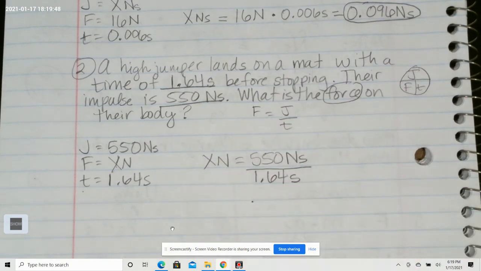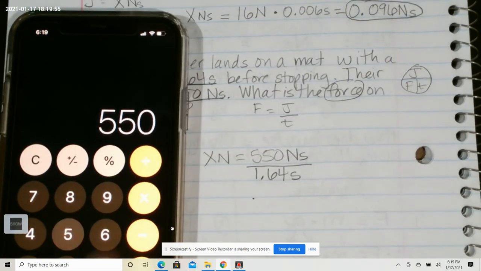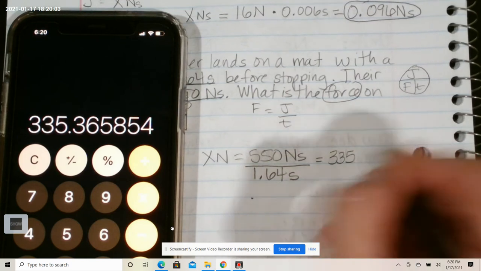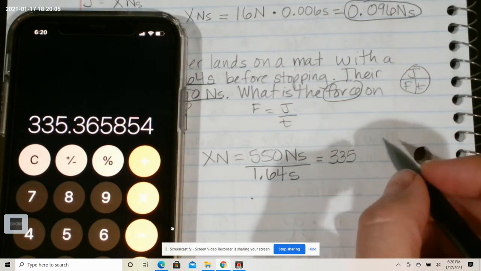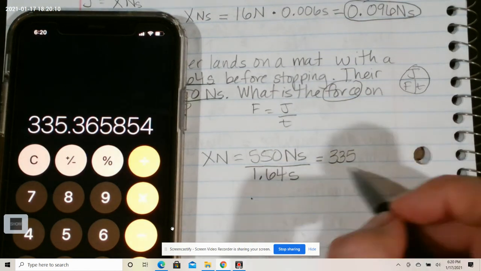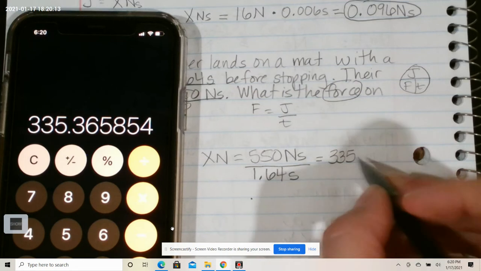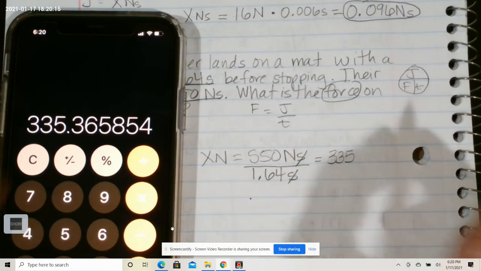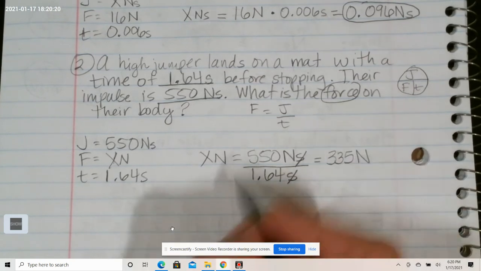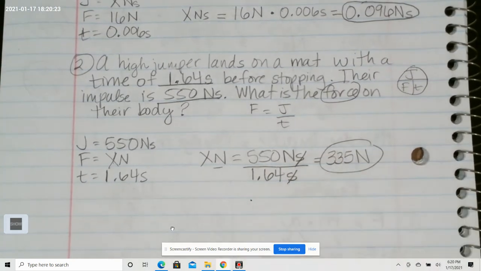Just like before, we plug it into our calculator and we get an answer. 550 divided by 1.64 equals 335. Significant digits tell us we can just leave it there. We don't need all the decimals. Seconds on top cancel seconds on bottom. That leaves us newtons, which is what we're looking for. 335 newtons of force on the body.